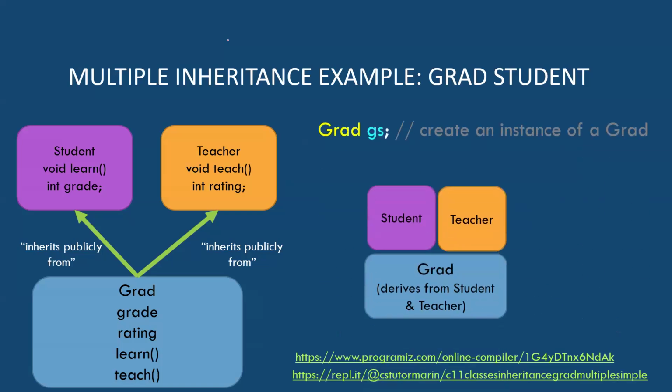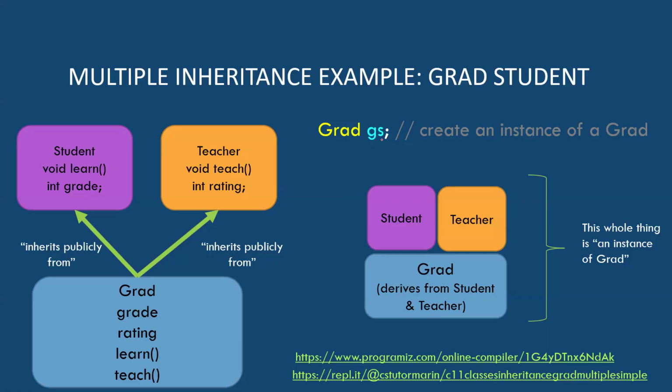So we could do this, right? That's okay. So we kind of just saw that with our foo and goo. So that's just another example of that. And every instance of a grad student is going to have an instance of both of the parents, which is kind of strange, but it's all there in the box with that particular instance of that grad.